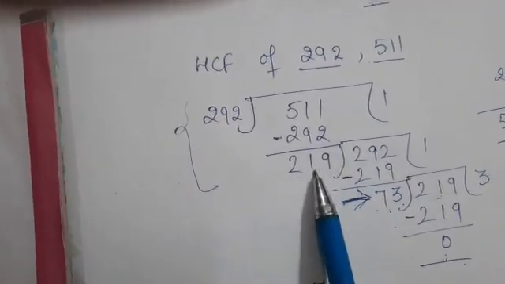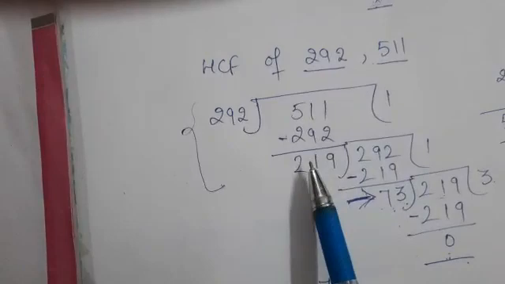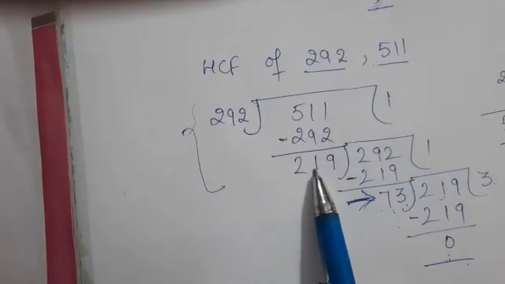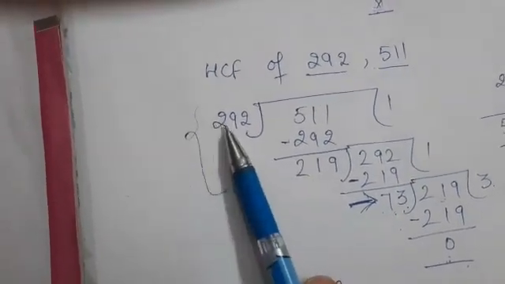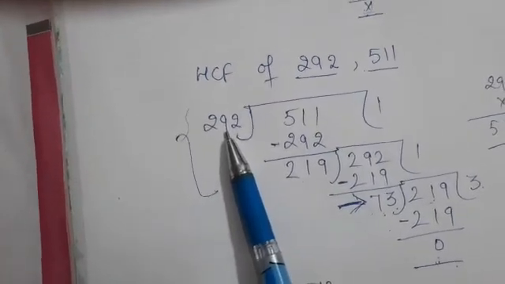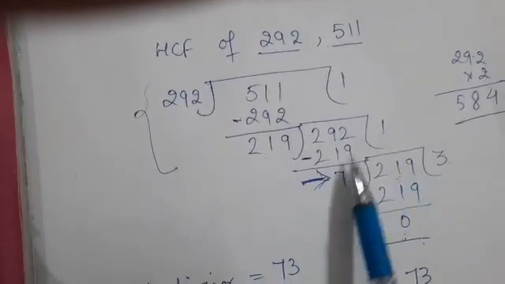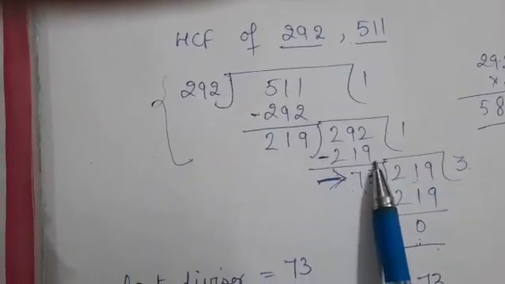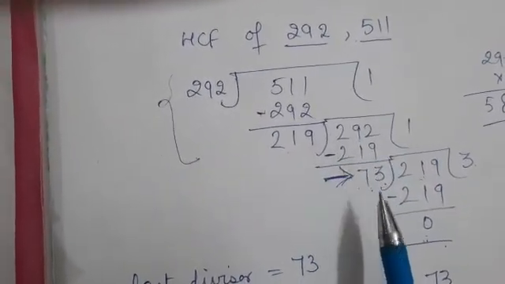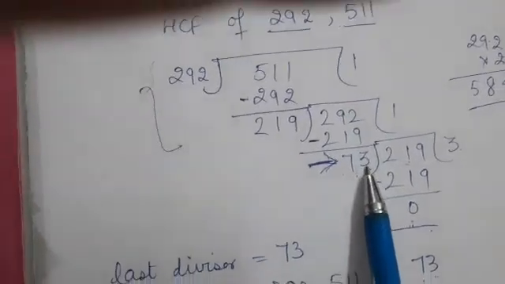Now this remainder that you have got will act as divisor for the second step, and the divisor here will act as dividend for the second step. 219 ones are 219. Now subtract again these two numbers, what you will get? You will get 73.